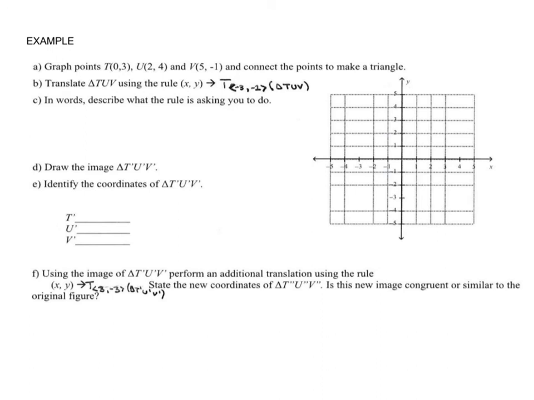All right, so in this example, we're going to do a composition, and we're actually going to graph them. It says graph the points T, 0, 3. So 0, 3 is T. 2, 4 is U. And then V is 5, -1.